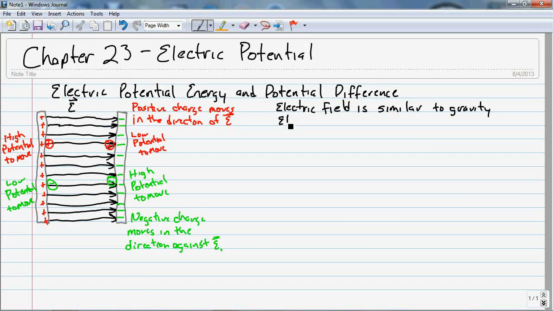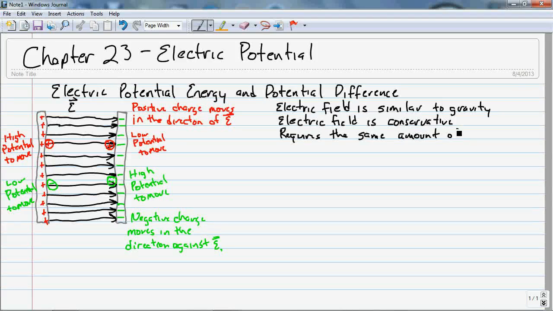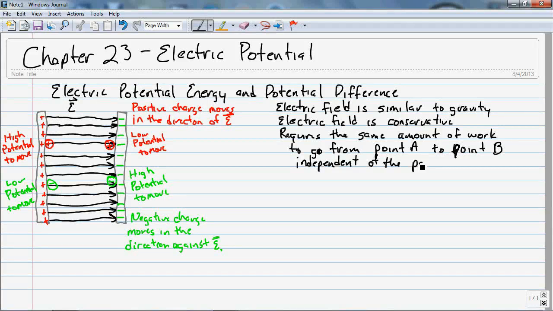And so that means that, as we found with gravity, the electric field is conservative, meaning that it requires the same amount of work to go from point A to point B, independent of the path. And that's what we found with gravity.